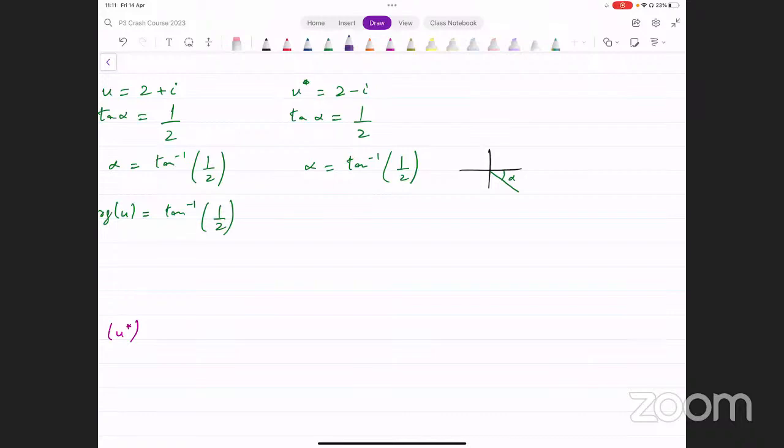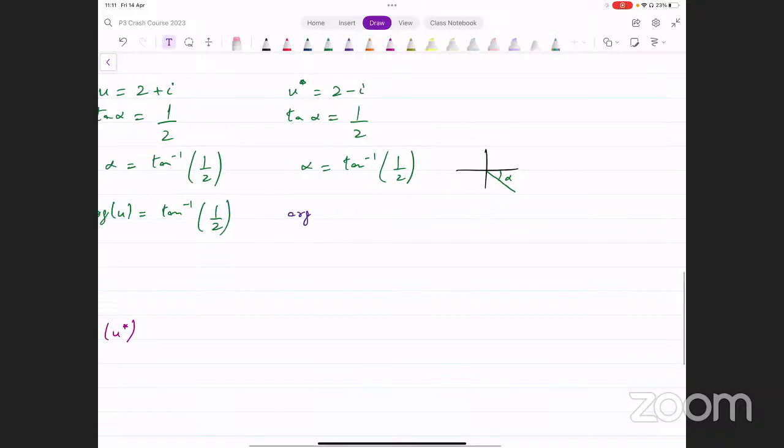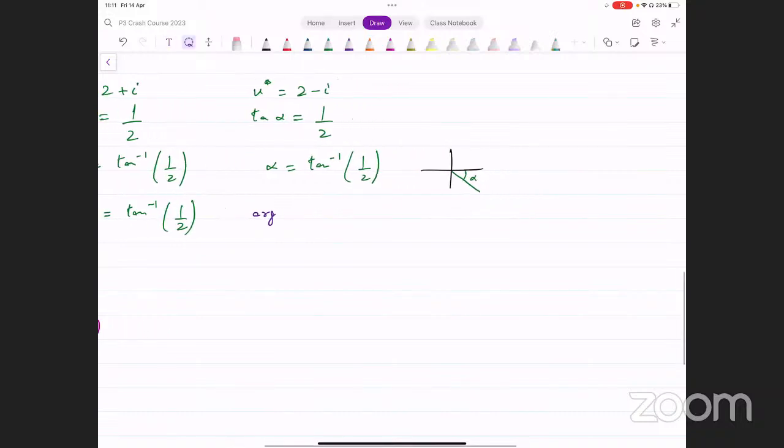Okay. Now, what about the argument then? The argument of u conjugate, therefore, is going to be minus tan inverse of 1 over 2. It's going to be a negative number because it's below the x-axis. And we write arguments in the third and fourth quadrants as negative numbers.